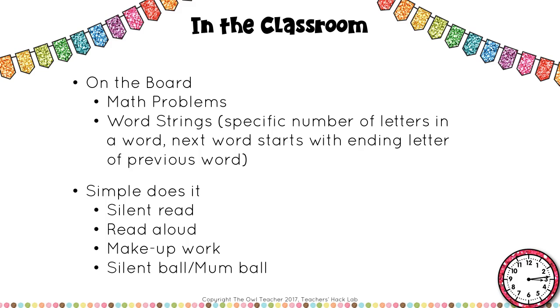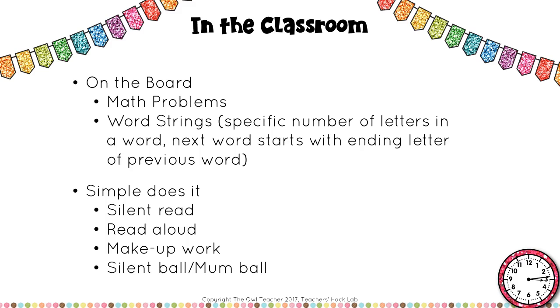So for instance, if you write the word bat, it ends with a T, so the next word has to start with a T. But it still has to be 3 letters. So we have bat, ends with a T, so the next word would begin with a T. So maybe you would write ten or tin, whatever the case may be. So you would keep doing that all the way down a string of words. And then you could either set a number of words they have to come up with, or keep going and see who gets the most.